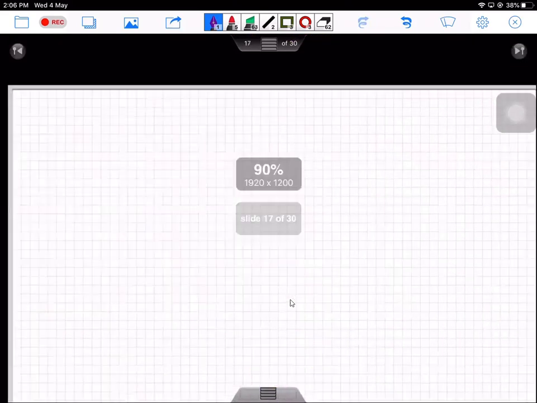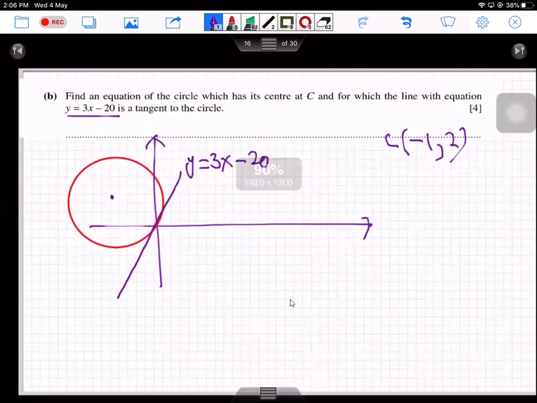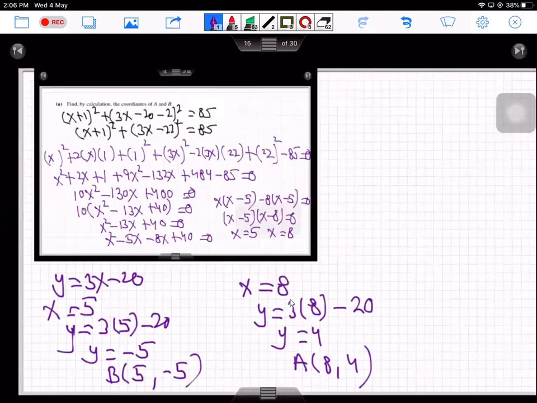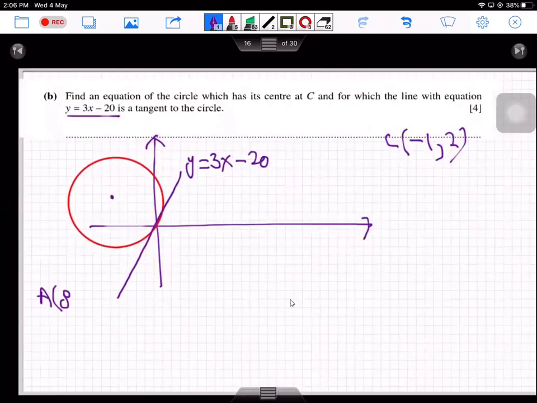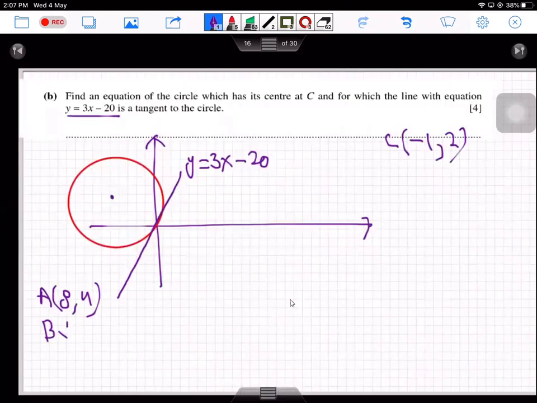The coordinate of A is 8, 4 and the coordinate of B is 5, minus 5. So x2 plus x1 over 2, y2 plus y1 over 2, 8 plus 5 over 2, 4 plus minus 5 over 2.